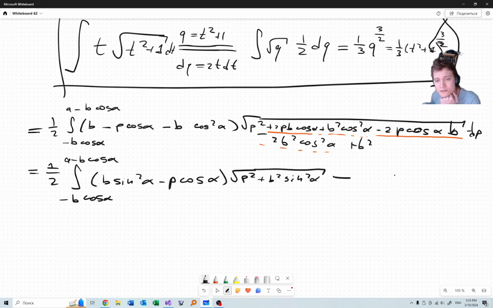Now we need to apply the same thing as usual. This is dp. We need to say that now g is equal to what? G is equal to P over b sine alpha. And P is g b sine alpha.